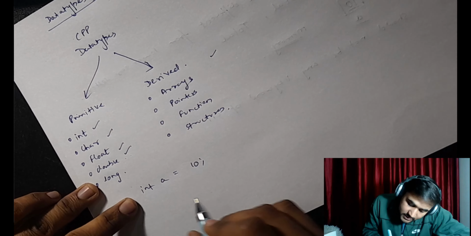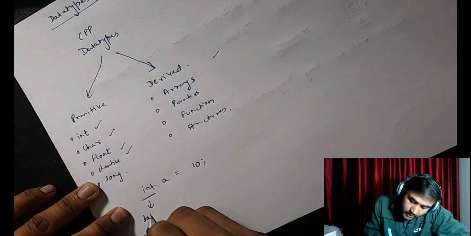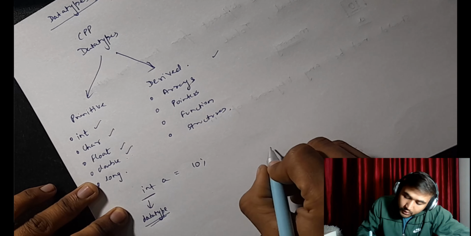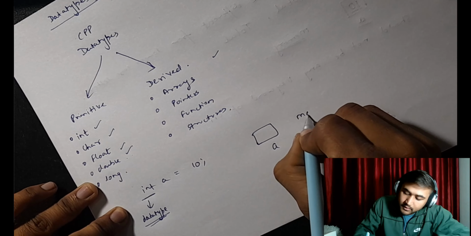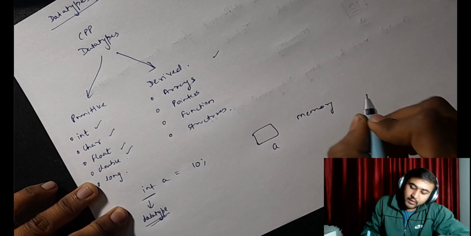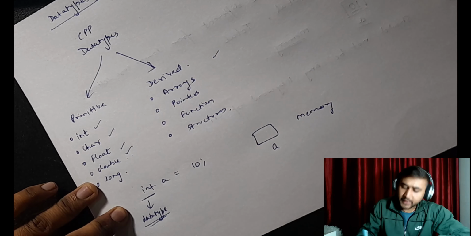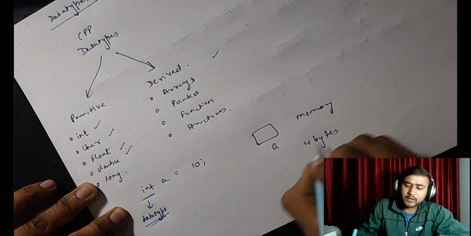So what is this int? This int is the data type, meaning what type of data is going to be stored in this container. This container is our memory. An integer data type generally uses 4 bytes of memory. It depends on the compiler.